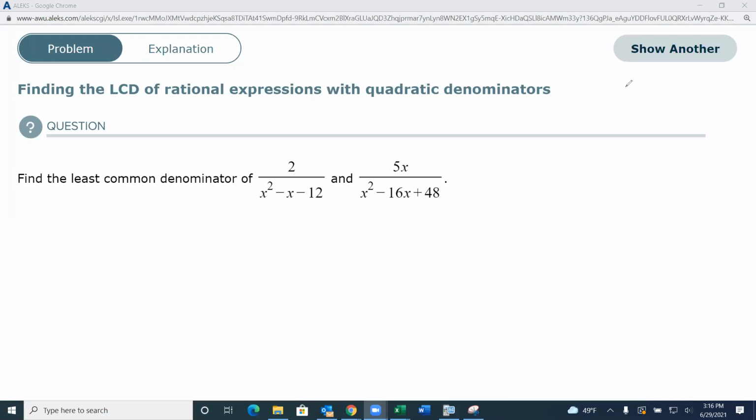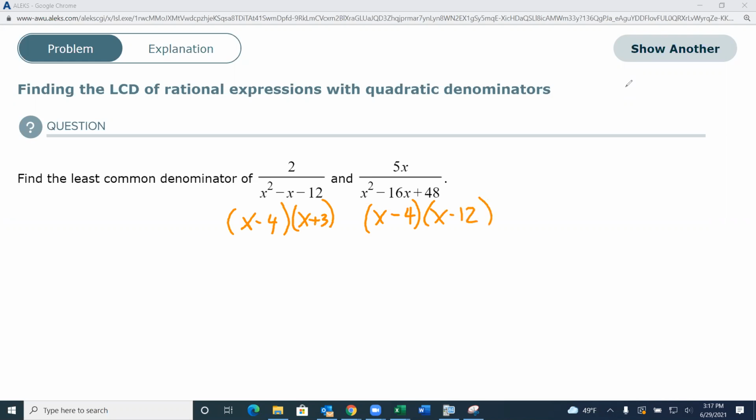Exact same thing, but this time the denominators are quadratic. So we're going to get x minus 4, x plus 3, and then over here, we're going to get x minus 4, x minus 12.